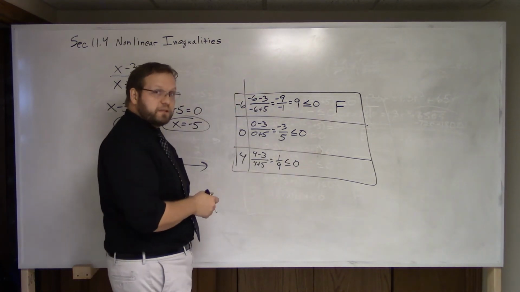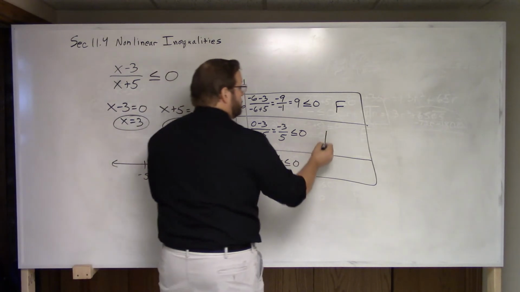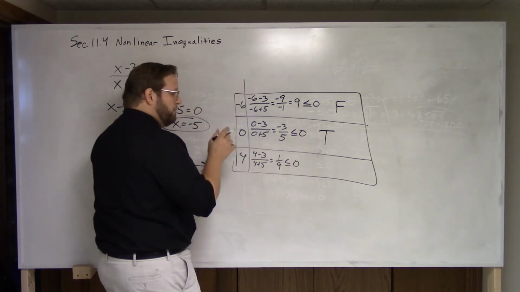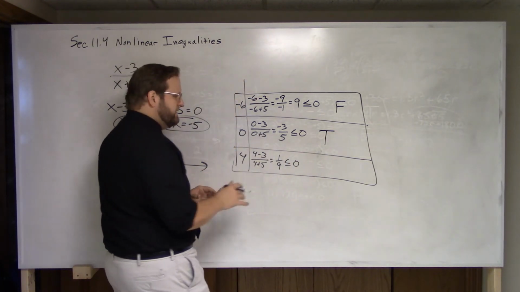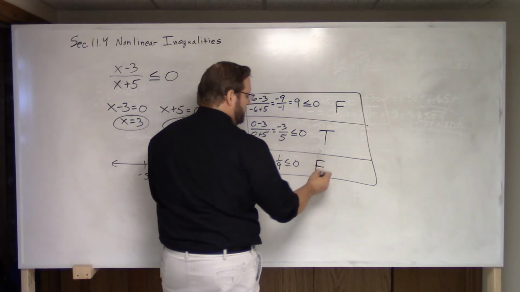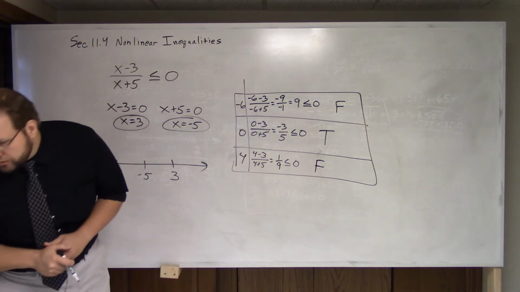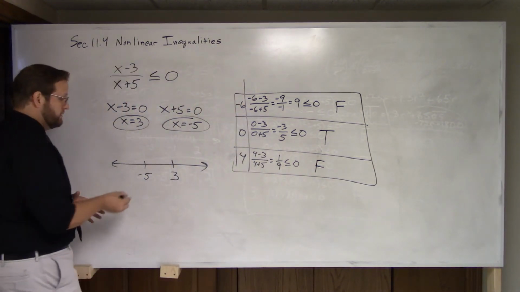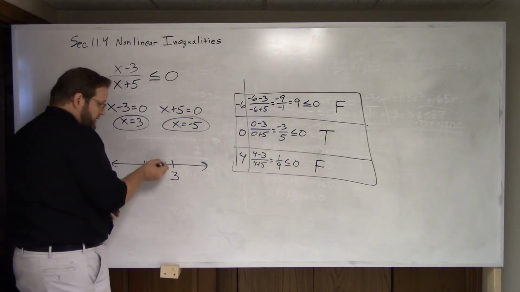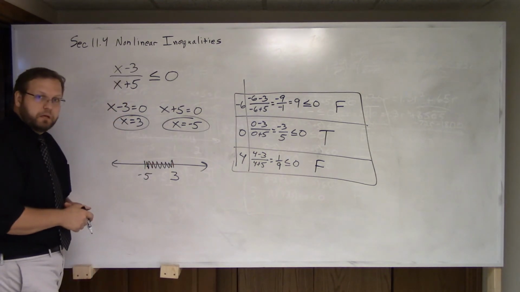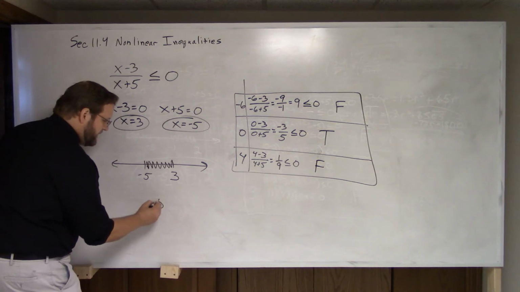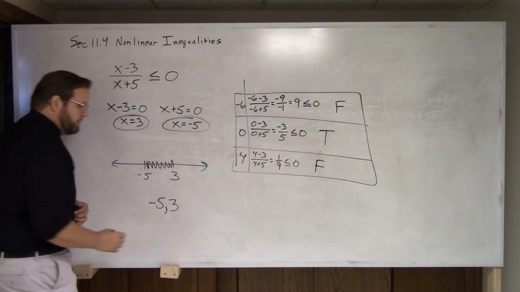Negative 3/5 less than or equal to 0, true. Positive 1/9, positive anything less than or equal to 0 is false. So the only thing that I get here is this region in the middle. So what I have is negative 5, comma 3.